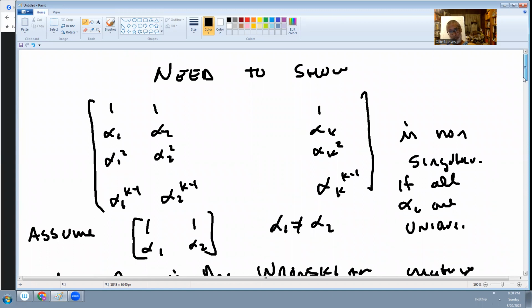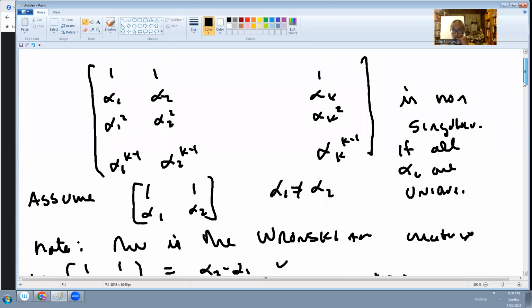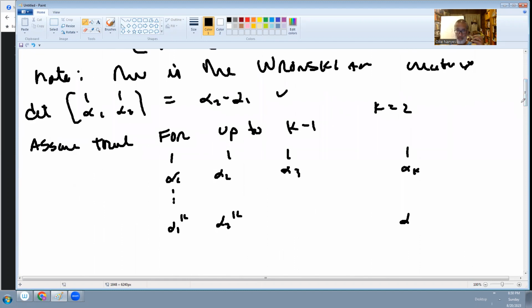So I have k rows and k columns. That's good. All right. So this would be k plus 1. So this is our matrix here.